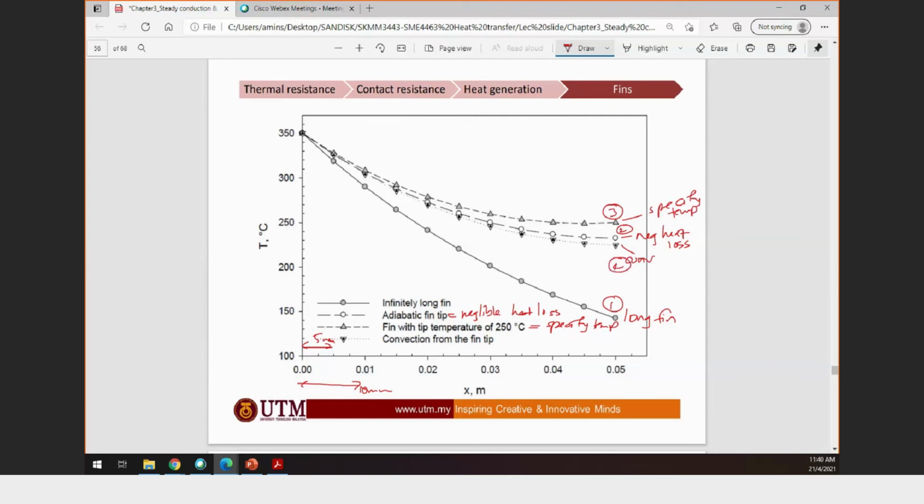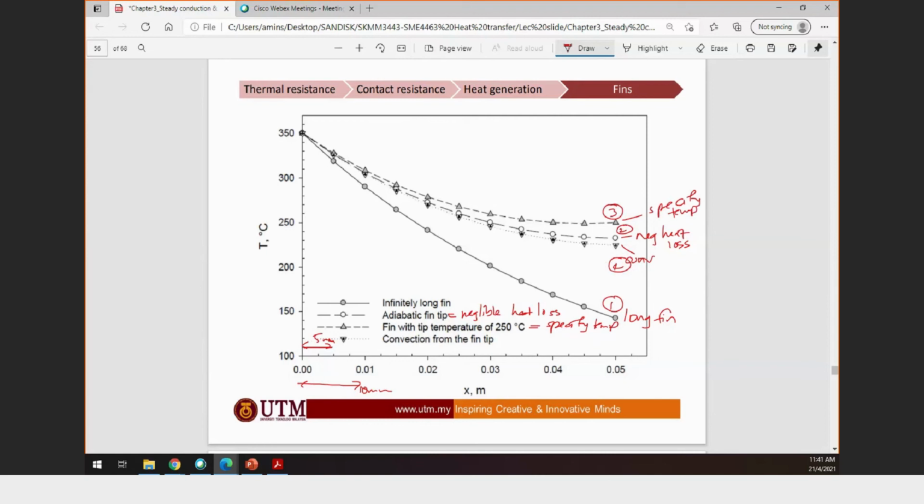So you can see what you can say from this variation or this answer. You may get a heat transfer rate for each one, but the value will be different. But in terms of temperature distribution, you can see that case 2, case 3, and case 4 are slightly similar, but case 1 is totally different from cases 2, 3, and 4.